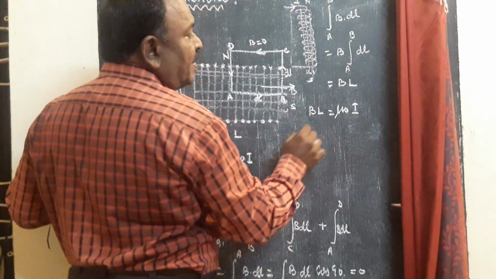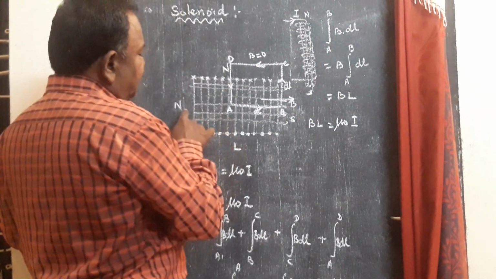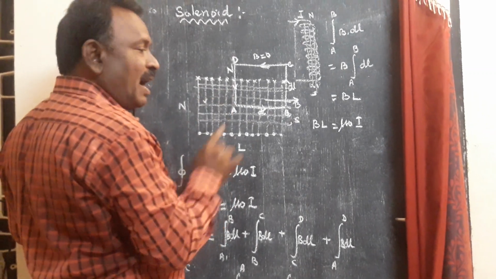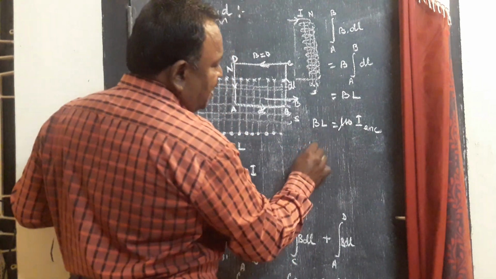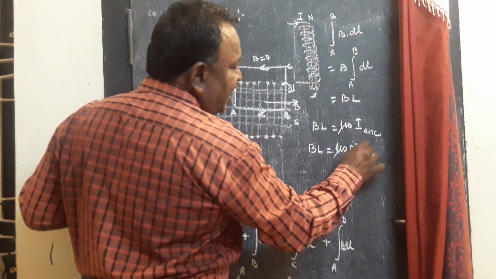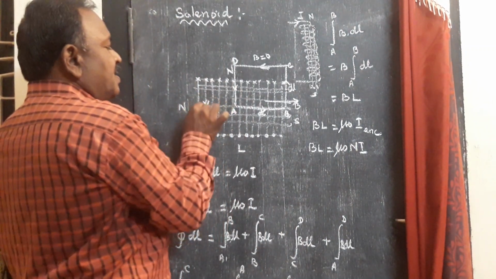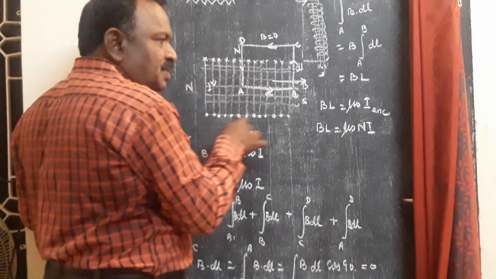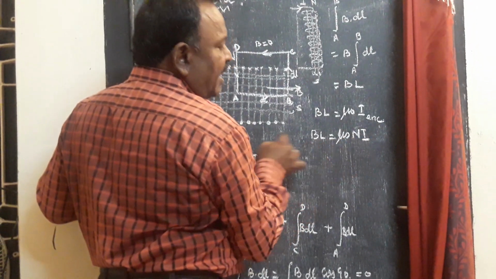What is I? The current enclosed by the coil. Since there are N turns, and each turn carries a current of I ampere, BL is equal to mu naught into NI. In every turn there is a flow of current I. Since we have N turns, the total current enclosed is mu naught NI.